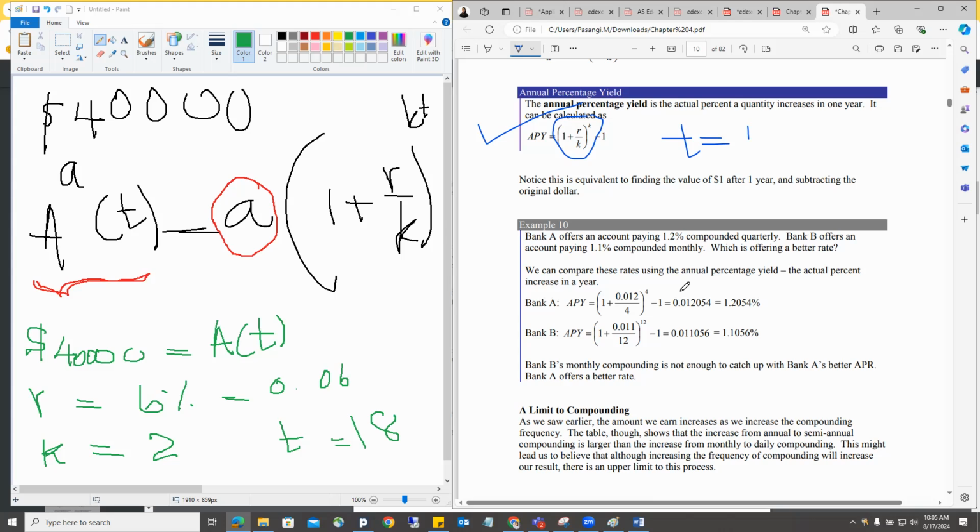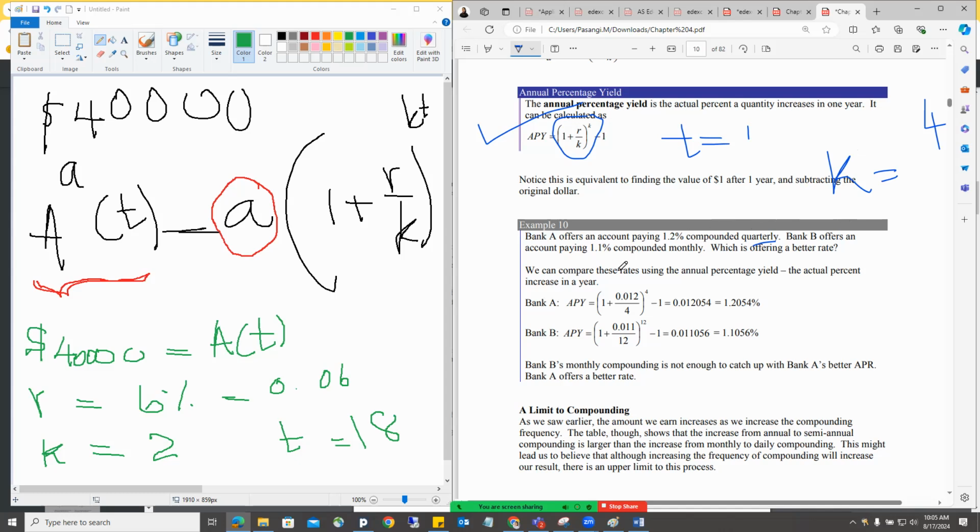So here bank A offers an account paying 1.2% compounded quarterly. Bank B offers an account paying 1.1% compounded monthly. If it is quarterly, then the K value is 4.